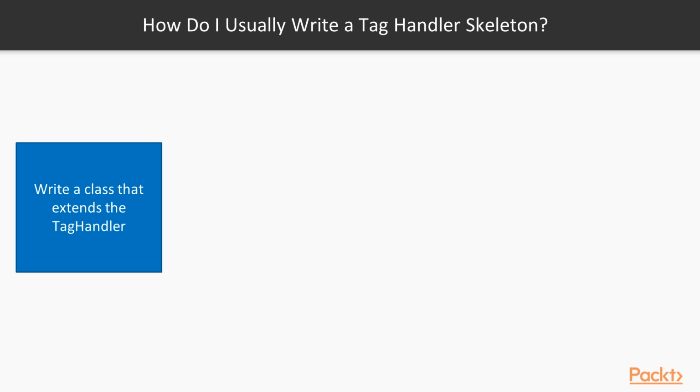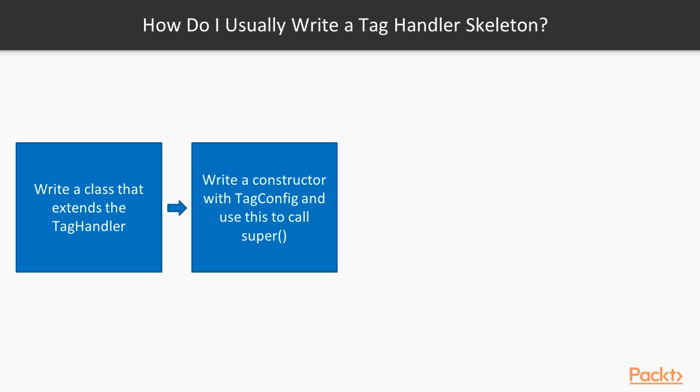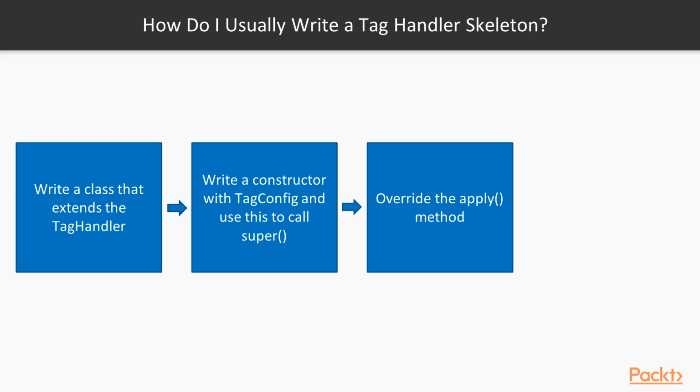In order to write a tag handler tag, there are several simple steps to follow, and the first one consists in writing a class that extends the tag handler class. Second, we need a constructor with a tag config argument and use this argument to call the superconstructor. Third, we need to override the apply method.